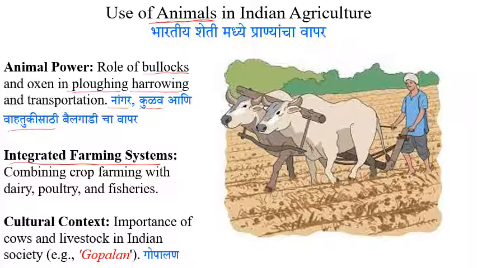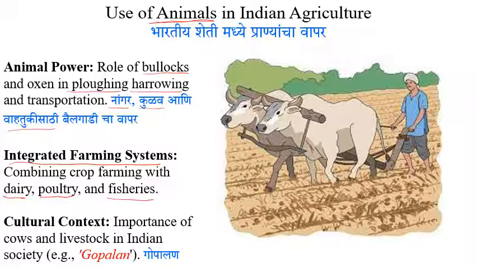For example, dairy, where animals can be utilized for agricultural purposes, and on the other side, they can be used to take milk and to earn money. Along with that, poultry and fishery are also done.